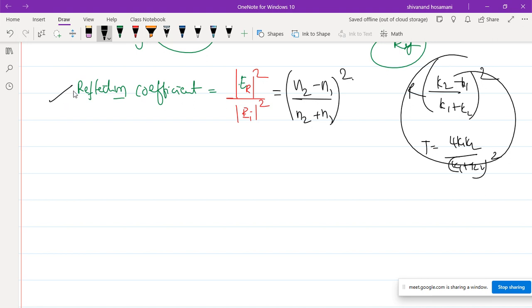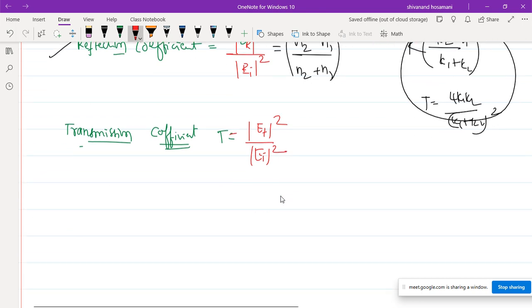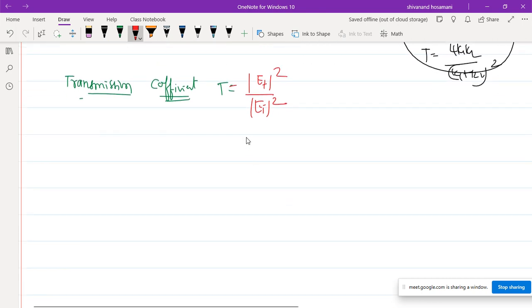This is the reflection coefficient. Similarly, we define the transmission coefficient. How do you define the transmission coefficient here? This transmission coefficient is also equal to mod of E transmitted squared divided by E incident squared. If we calculate it neatly, that is going to be, or rather than transmission, refraction is happening here, refraction.